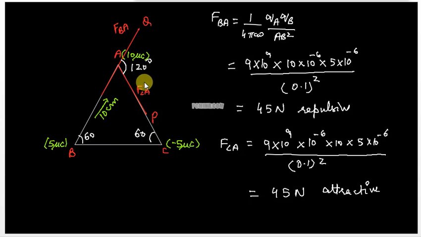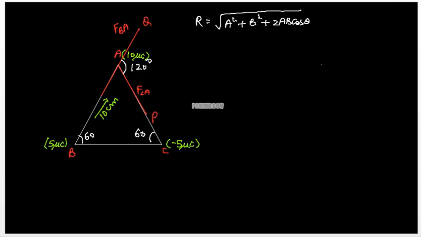Now using the formula for the resultant force, that we apply the vectors. So let's find out the resultant force using the values as 45 Newton, 45 Newton and the angle of 120 degree between them. So using the formula for the resultant, which for two vectors is square root of a square plus b square plus 2ab cos theta.